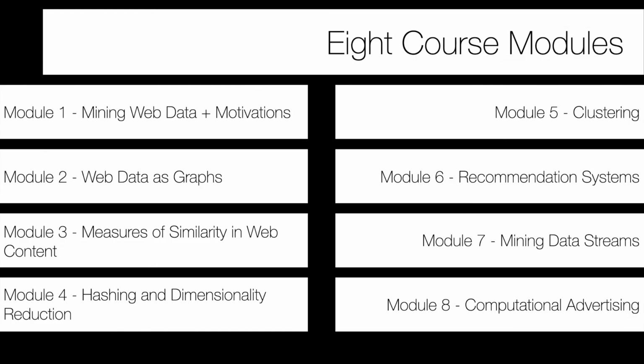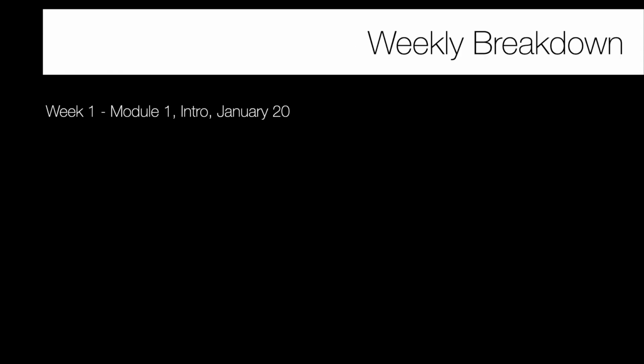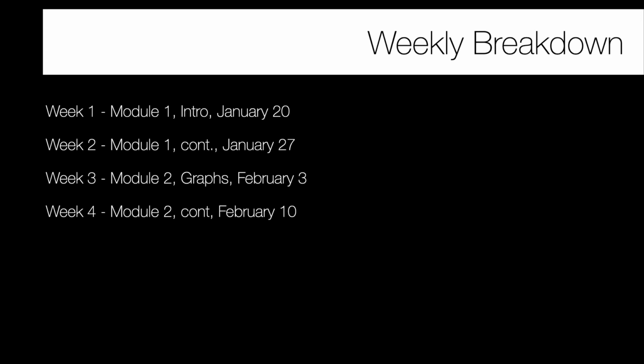In terms of how the course is structured schedule-wise, I talked about we have 8 core modules in terms of weekly breakdown. So this week and next week will be focused on Module 1. Weeks 3 and 4 will focus on Module 2, which is about treating the internet or the web as a graph and doing graph mining on that structure.